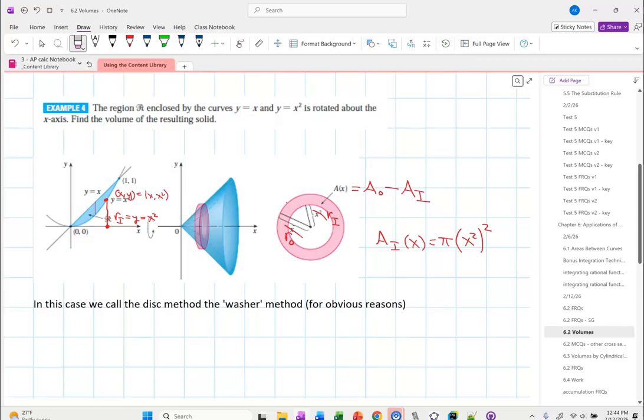So my inner area is going to be pi x squared squared. Does everybody feel okay? I'm going to erase this work because it's going to get too busy, and do the same thing now for the outer. Everybody's okay?